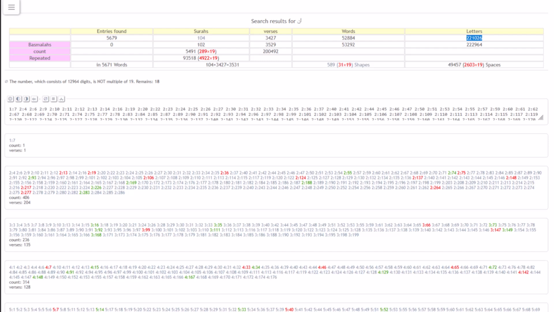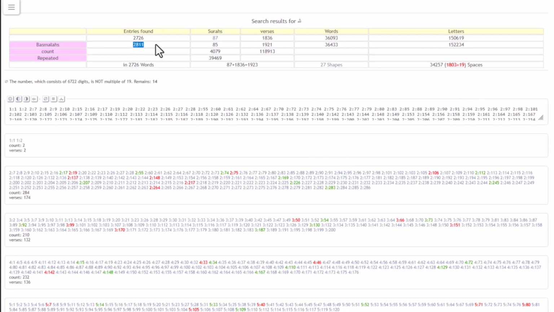The same here is with the basmala. For example, if I'm looking for lillah here, it will find it in the basmala, and you can see it.